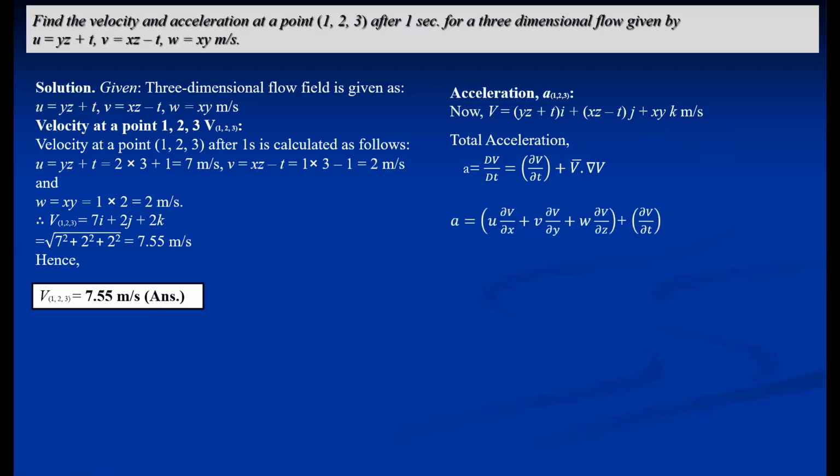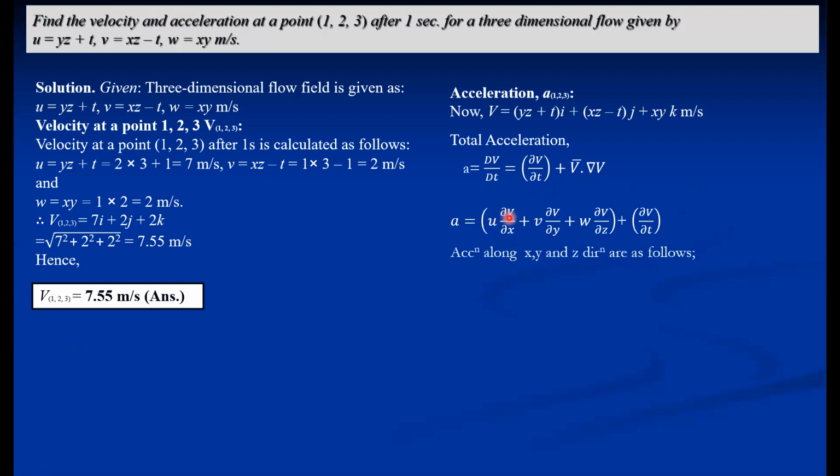So the acceleration along the x direction, the total acceleration, is u del u by del x plus v del u by del y plus w del u by del z plus del u by del t. This is in conservative form. This is non-conservative.